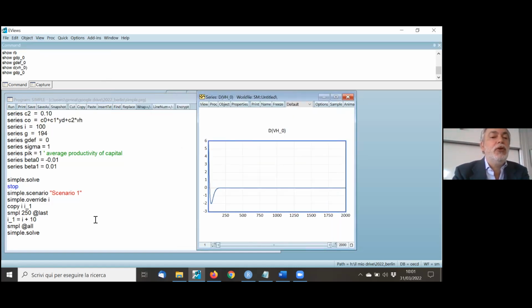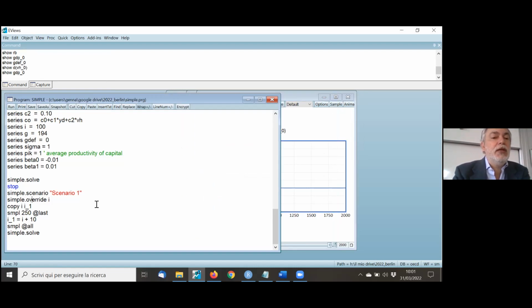Okay. So let's assume a shock to the interest rate on bonds. Starting in period 250, when the model has now stabilized, let's increase this by 2% and see what happens.